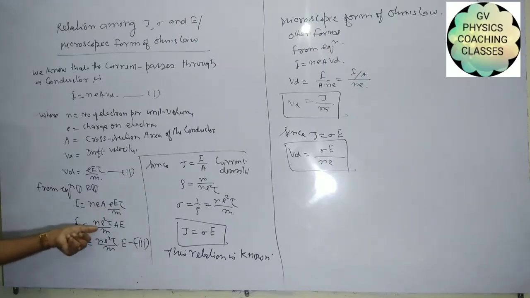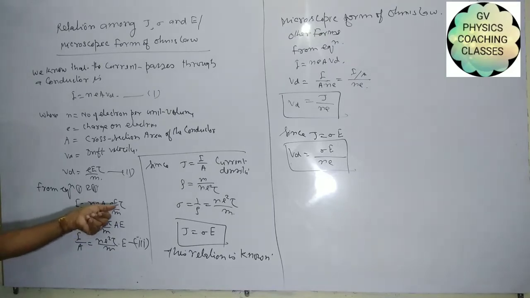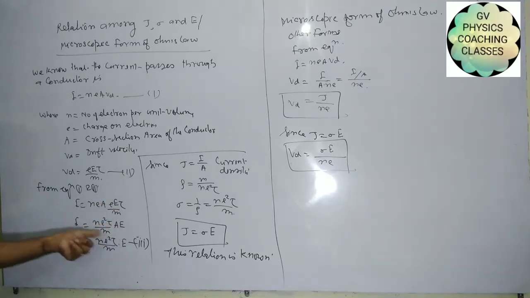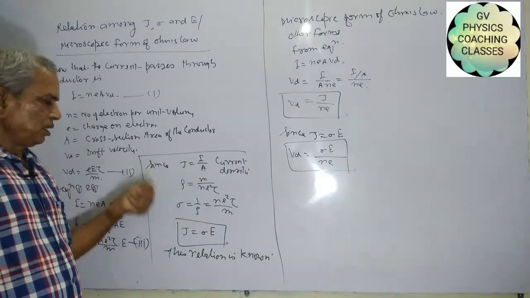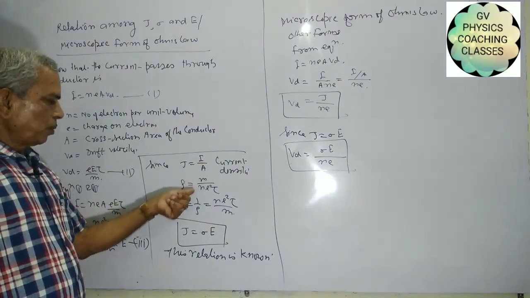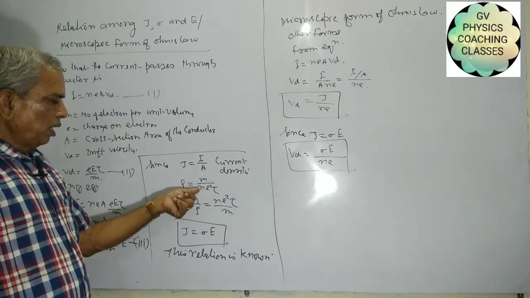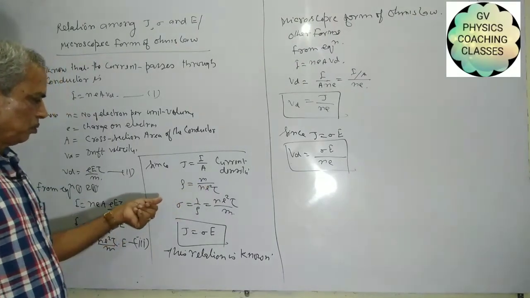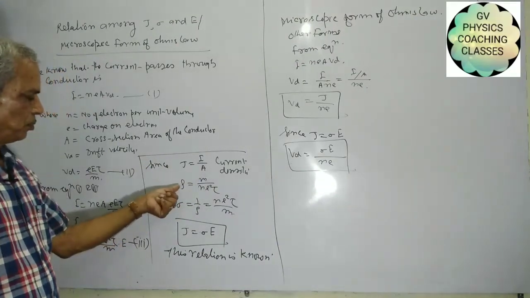Now e becomes e square and e square tau. A and E remain here and go in the denominator. I divided by A, remaining n e square tau upon m into E.